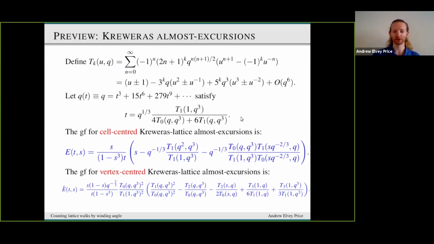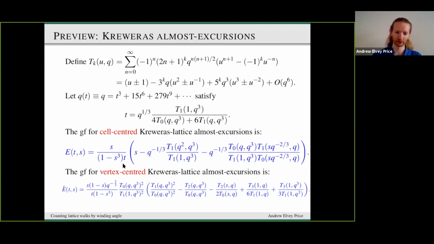In this case, we have a very simple looking solution for the 2 generating functions. These are in terms of the series T_k, which are closely related to the theta function. You can see from this sum that T_k(u,q) is just a power series in u and q. This expression defines t as a series in q, or equivalently, by taking inverses, it defines q as a series in t.